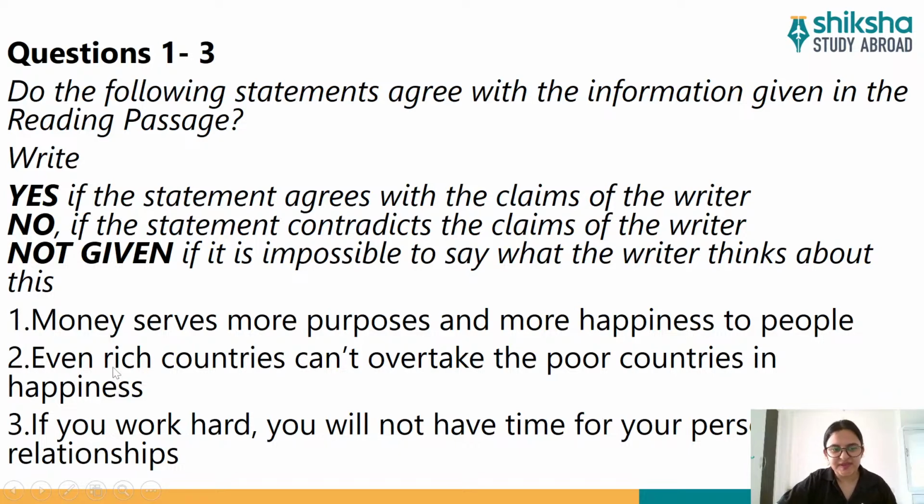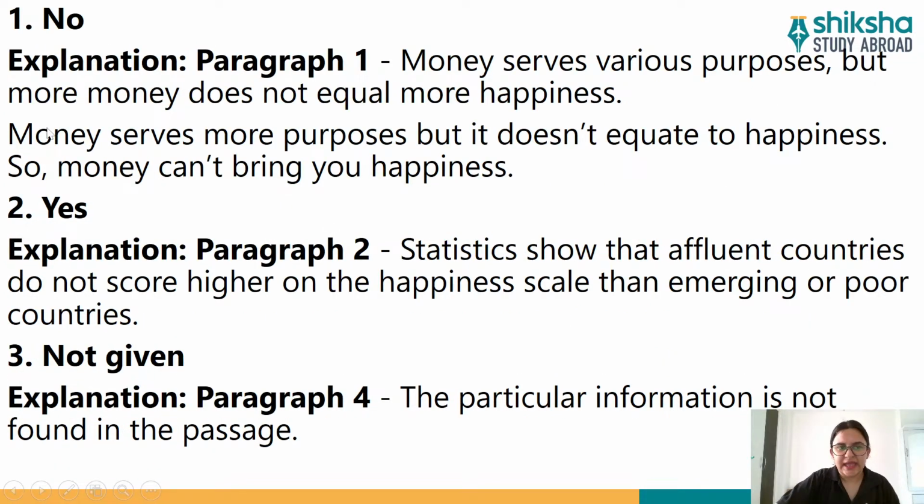Now, the second question is, even rich countries can't overtake the poor countries in happiness. Now, this is the question, and the answer is yes. Why? The explanation was found in paragraph 2. So later on, you can check by yourself as well if you do not understand it right now. Paragraph 2 had a line which said, statistics show that affluent countries do not score higher on the happiness scale than emerging or poor countries.